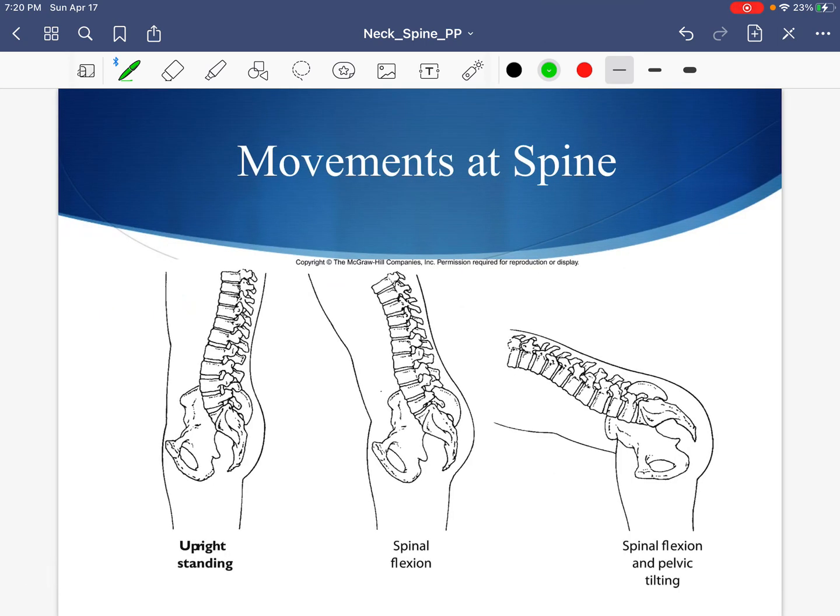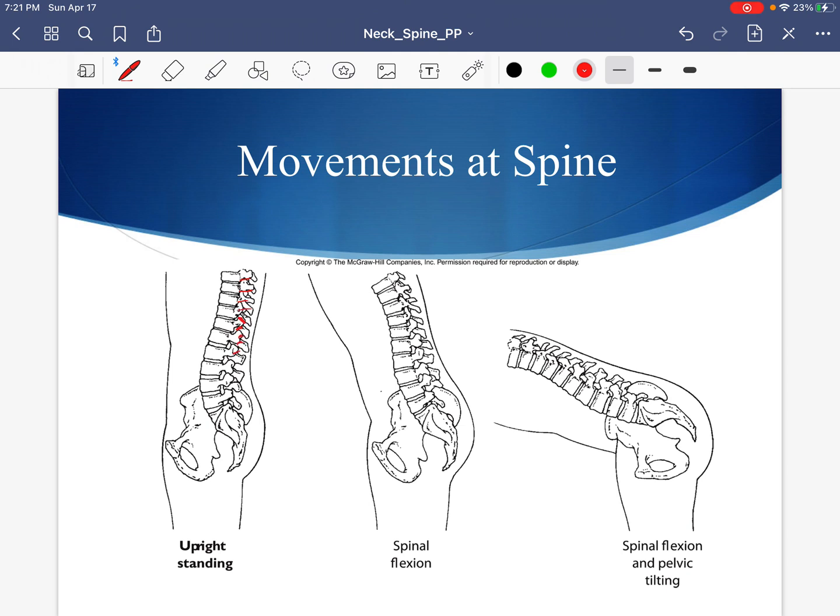Okay, so when we look at the overall movements of the spine, we're talking about all these joints working together. Up high, we have the atlanto-occipital joint and the atlanto-axial joint. They're going to work to move your neck, yes motion and no motion. But what about the rest? Well, it is the combination of all these facet joints.